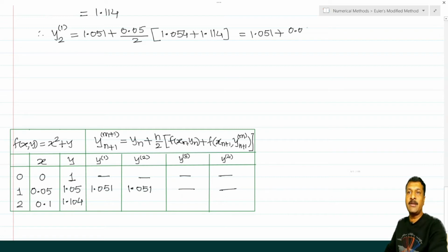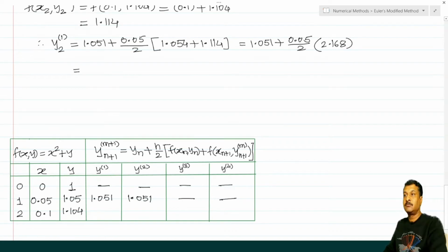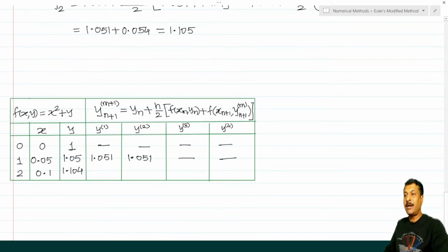So 0.05 by 2 in bracket I am getting 2.168. Restrict our answer up to 3 digits, you can take 4 digits also, but up to 3 digits I will get the answer early. So I am getting here 1.051 as it is plus 0.054, and that is equal to 1.105. So I am getting here 1.105. Both values are not the same.